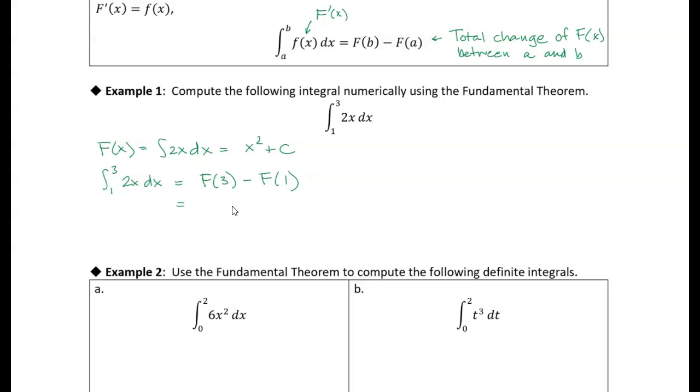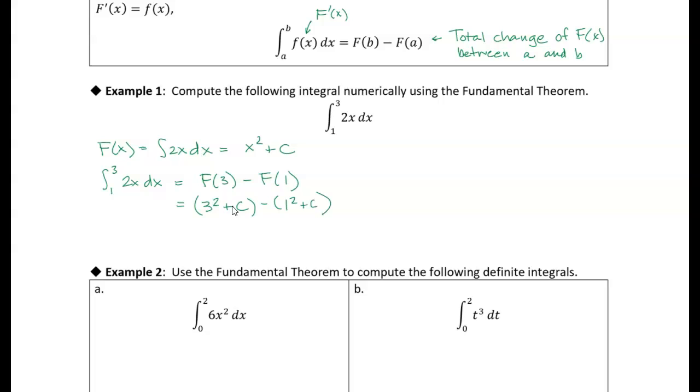So capital F of 3 is 3 squared plus c. I'm going to put parentheses around it. It's important to put parentheses in a lot of these problems, otherwise you're going to have trouble. So I'm going to put parentheses around the second one as well, and we're going to plug in 1. All right, so we get 1 squared plus c.